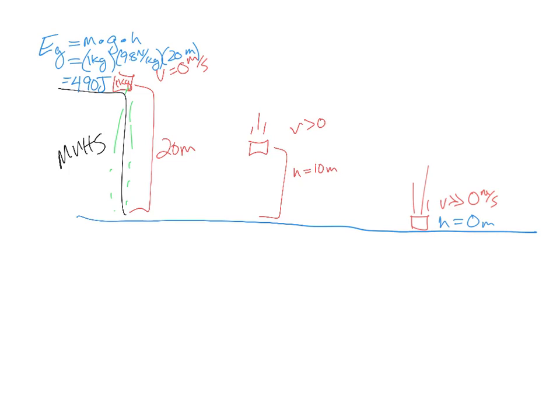In the middle, if we think about the gravitational energy, we only have 10 meters, so we have 1 kilogram times the 9.8 newtons per kilogram times 10 now.